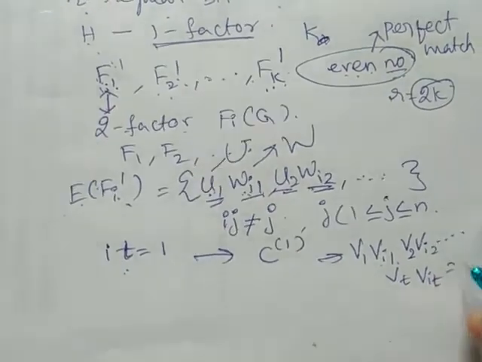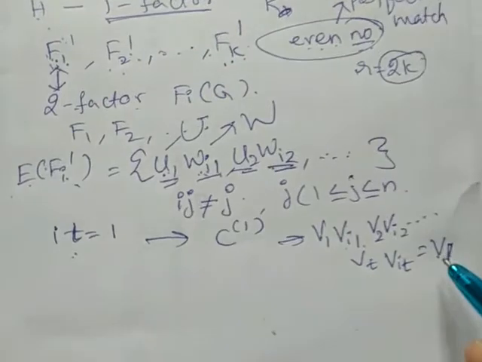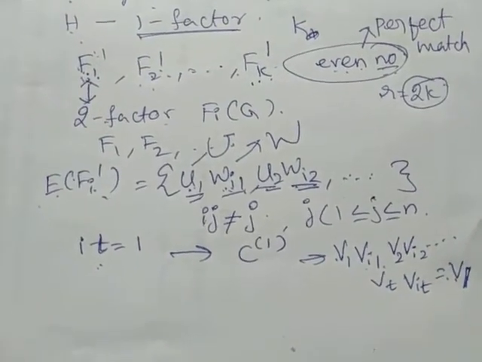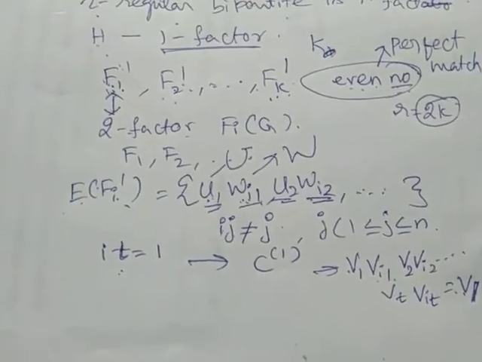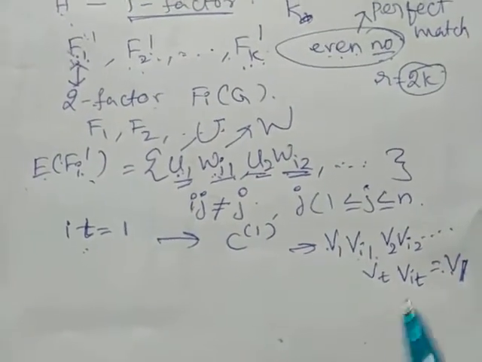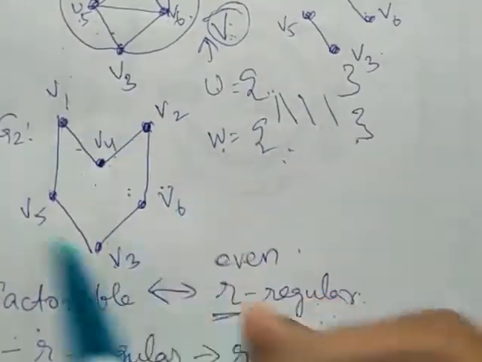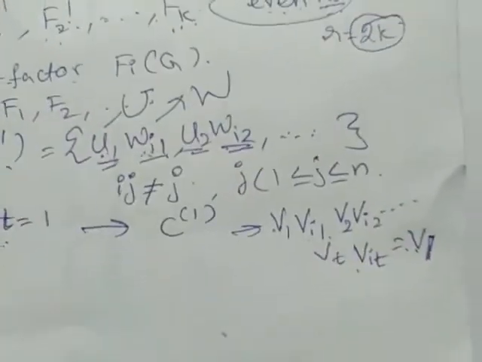This Vit should be equal to V1 since it is a cycle. Since it is a cycle, the first vertex and last vertex should be the same. Then this forms a cycle C1 of G, and each vertex has degree 2. It forms a cycle in this way.